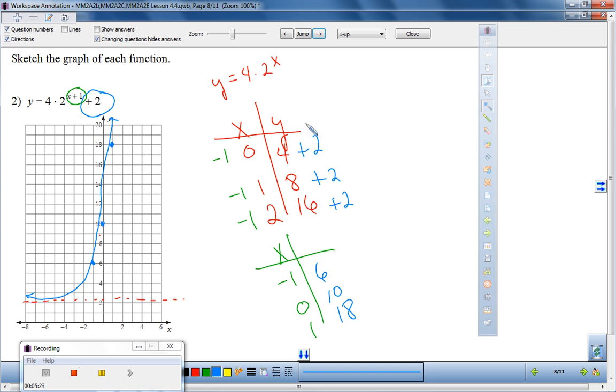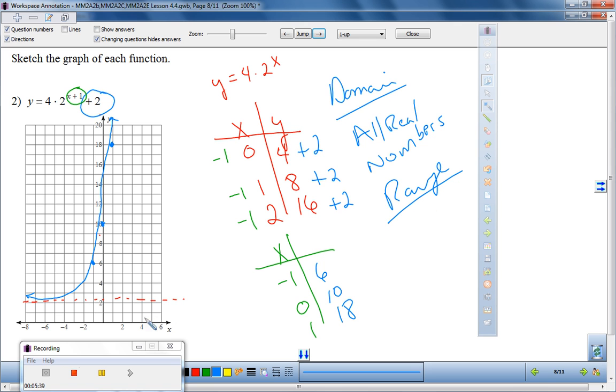Okay, and so we've graphed that. Now remember, domain, which is our x values, is all real numbers. Our range is the y values. Y has to be greater than 2.